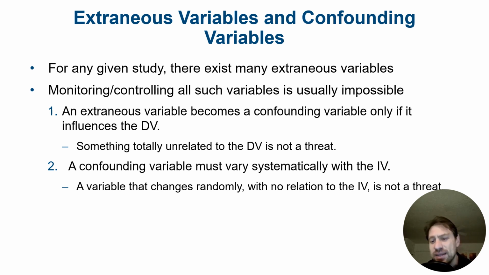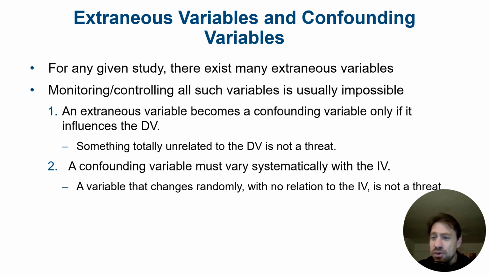So one characteristic of a confounding variable is that it has to be capable of influencing the dependent variable. So for example, if you're measuring problem-solving ability, if that's your dependent variable, then I would say one's astrological sign probably isn't important. The color of their t-shirt probably isn't important. But their major in college, that could be important.